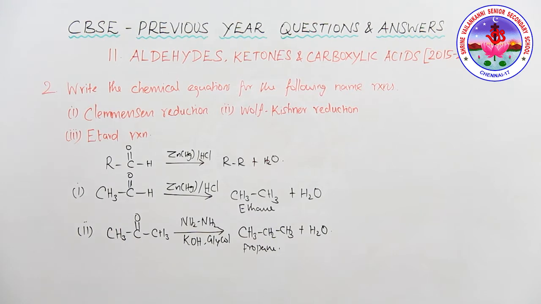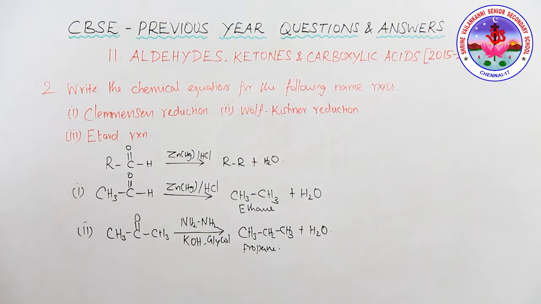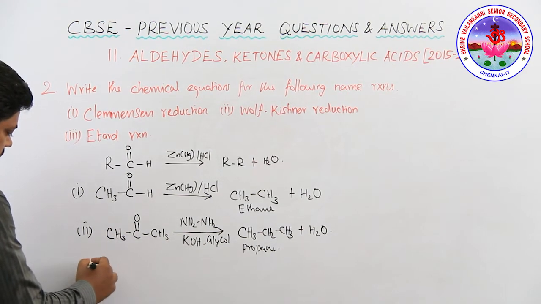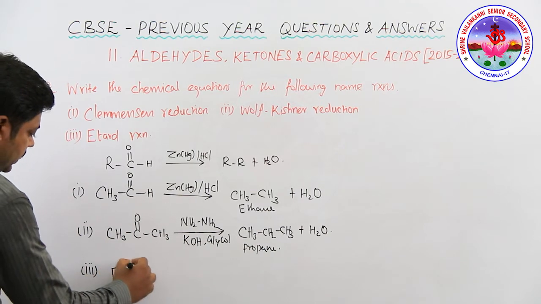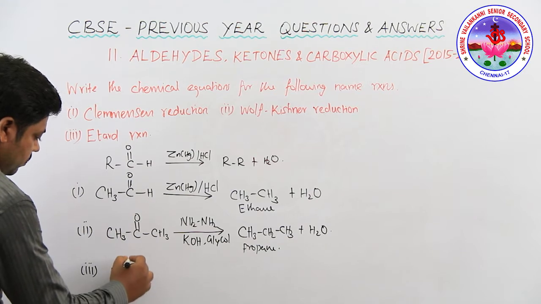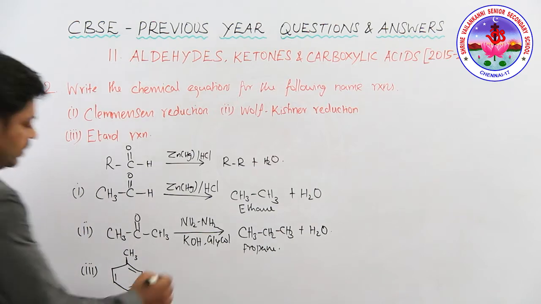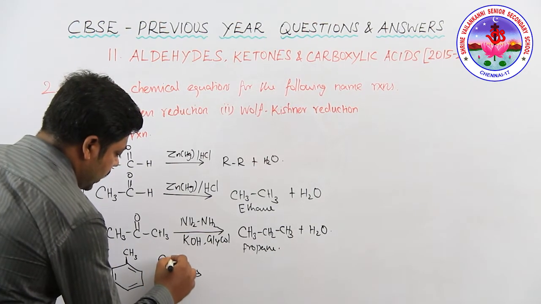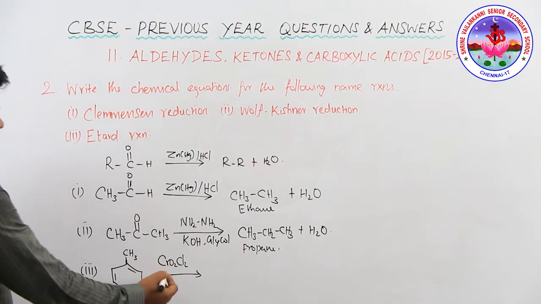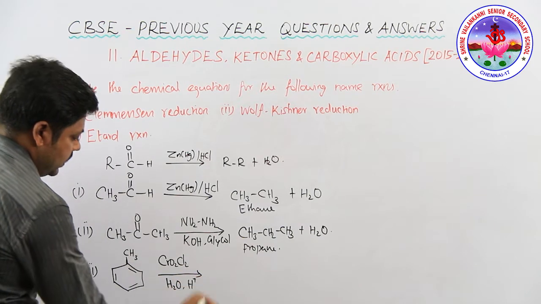Then the third one is the Etard reaction. For example, methylbenzene, or simply a hydrocarbon. The methylbenzene is treated with chromyl chloride, CrO2Cl2, and CS2, then H2O, then H plus.